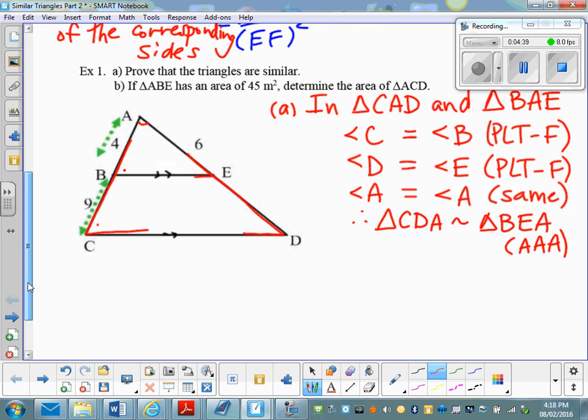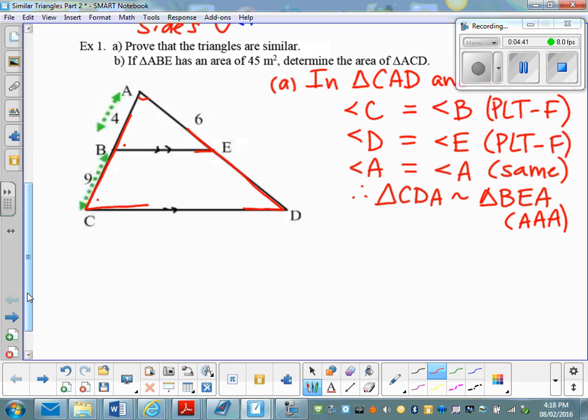Now that we've done part A, now we're going to look at part B. So in part B, if triangle ABE has an area of 45, determine the area of ACD. So we're comparing the area of ABE with the area of ACD.